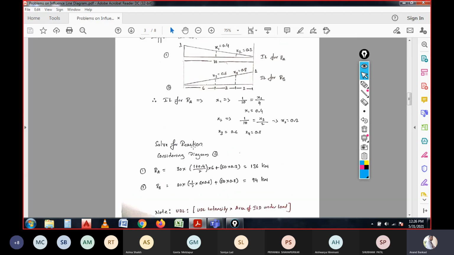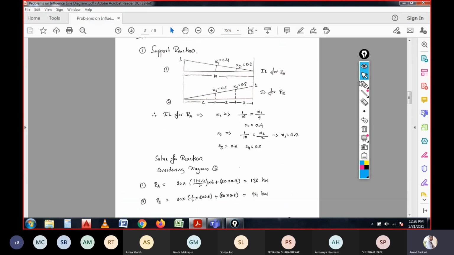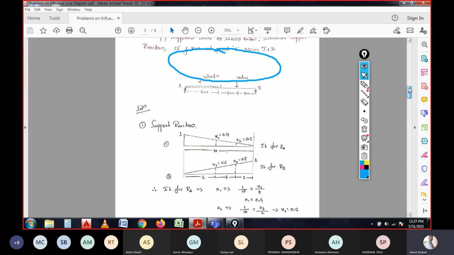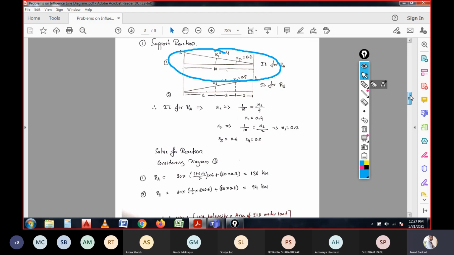So how do we calculate them? By referring to the first one. By referring to this diagram only, which I am highlighting, just refer to what is encircled in this diagram, and 30 is the total load, that is a uniformly distributed load, acting on the span of 6 meter.